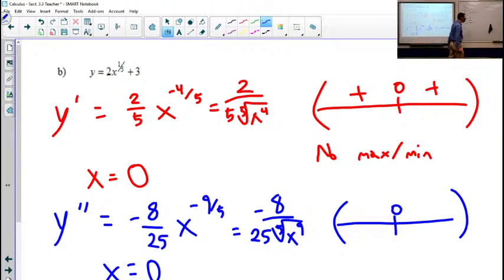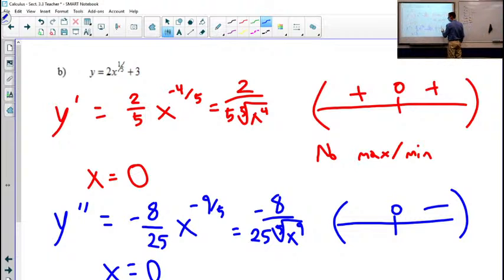But this time, the sign chart is actually going to look interesting here. If I plug in a positive number, then this is all going to be positive on the bottom, which leaves a negative number on the top to make it negative. But then if I plug in a negative number, if I take a negative number to the 9th, it's going to stay negative.